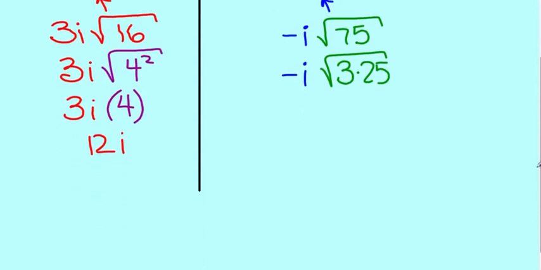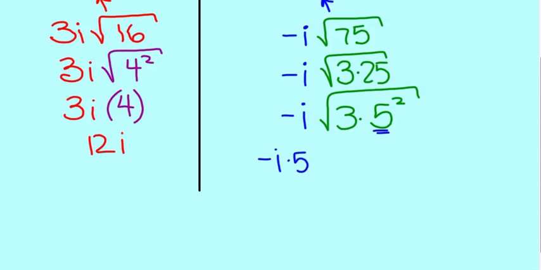Then you can break down 25 as 5 squared. Negative i stays alone. And now remember, the square root of 25 is 5, or the square root of 5 squared is 5. And then the square root of 3 still stays underneath. And I'm just going to make this look a little nicer here. Negative i times 5 is -5i, and then square root of 3.